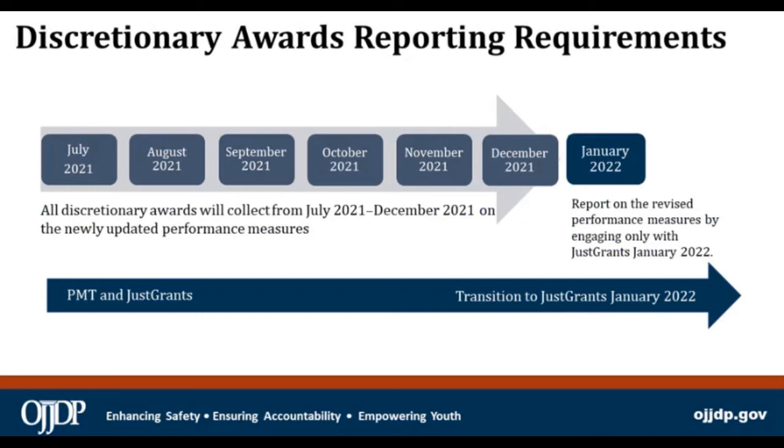You will be reporting on the activities that occurred between July and December 2021 in January of 2022. Discretionary awards reporting deadlines are July 30th for the reporting period January 1st through June 30th, and January 30th for the reporting period July 1st through December 31st.